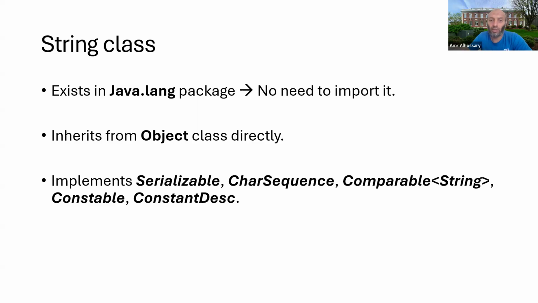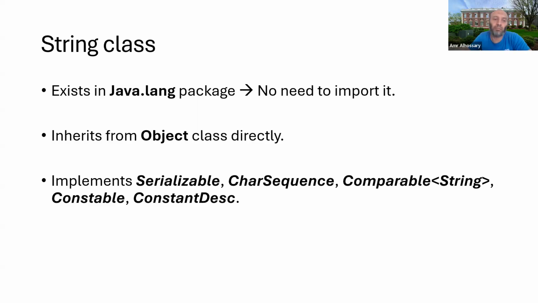It's serializable, it's a character sequence, it's comparable, it's constable, and it has the constant description. Just deal with the string class now as it is.